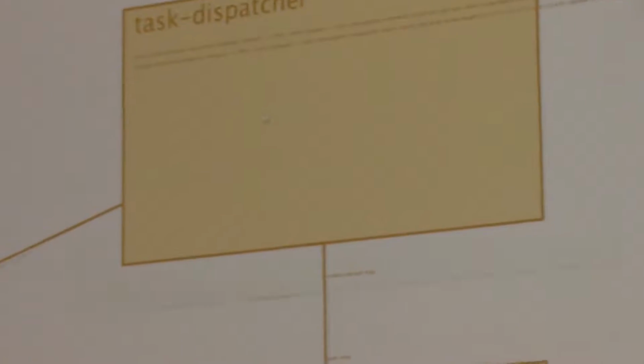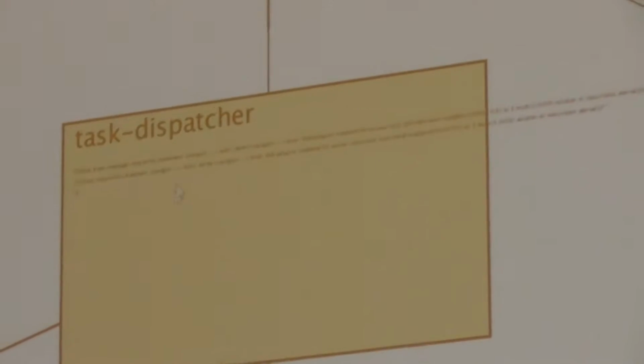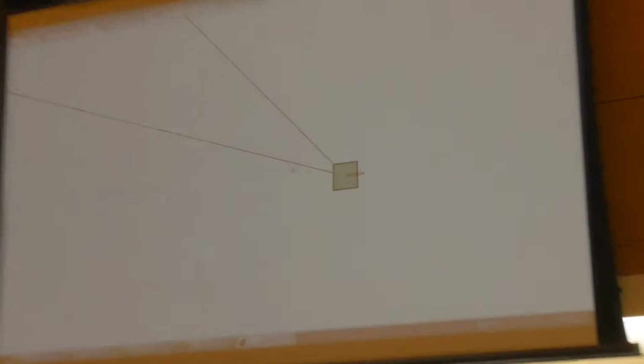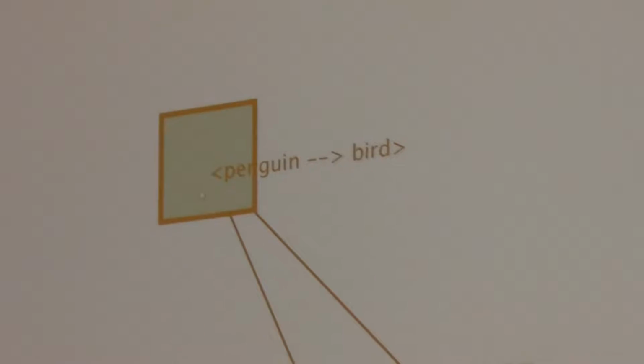Then the task dispatcher dispatched this task into memory. What we ended with can be seen on the other side. There's now a concept for bird, a concept for penguin, and a concept for what we entered: penguin is a bird.